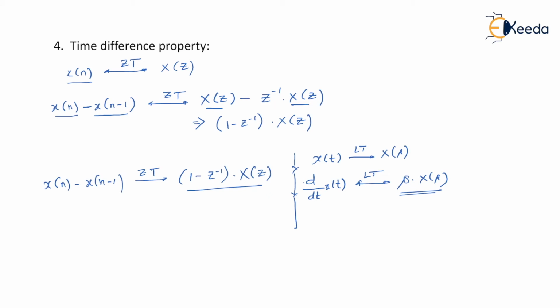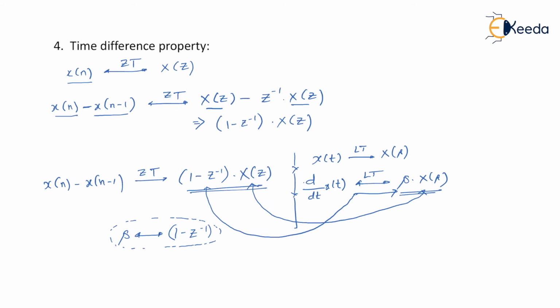Now try to understand what I'm trying to tell you. When I'm trying to compare, I'll have x of z in comparison with x of s in Laplace transform, where s and 1 minus z inverse are comparable. I'm not at all claiming that s is equal to 1 minus z inverse.